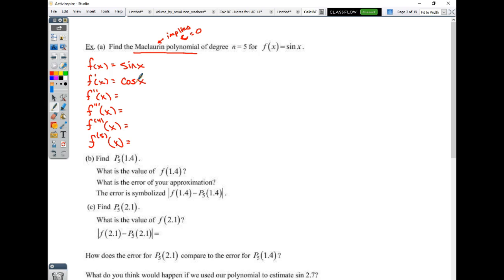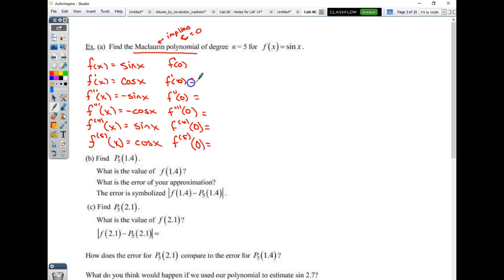Second derivative, negative sine, negative cosine, sine, cosine. And I want to evaluate f of 0, f prime of 0, f double prime of 0, f triple prime of 0, fourth derivative at 0, and the fifth derivative at 0.